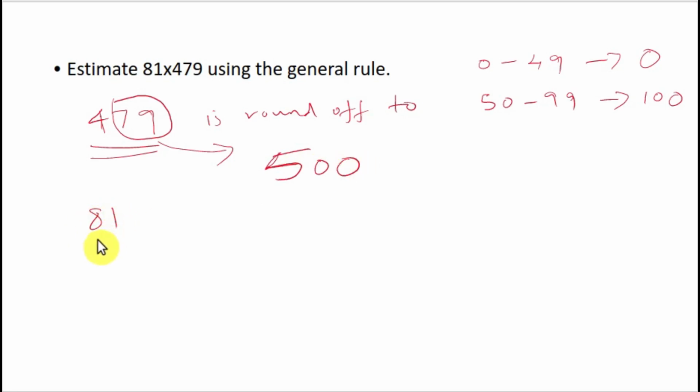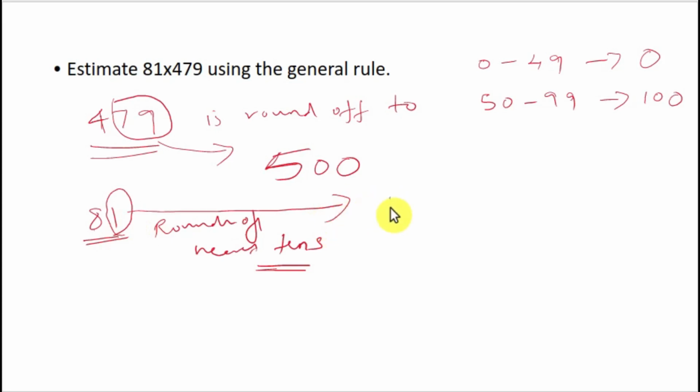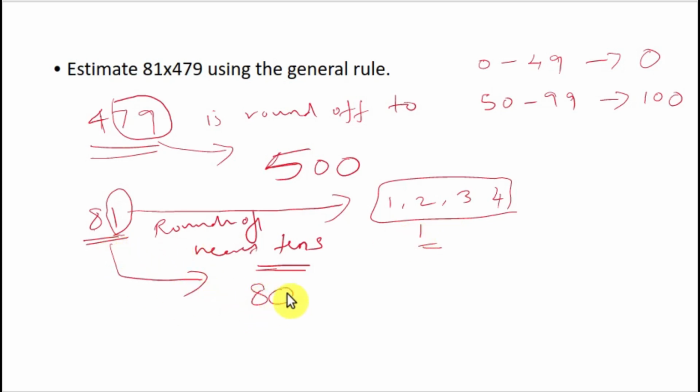81, when rounding off to the nearest tens, we have to see the ones place only. If it is 1, 2, 3, 4, it is less than 5, so it is close to 0. So 80.